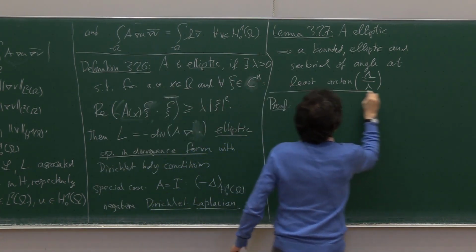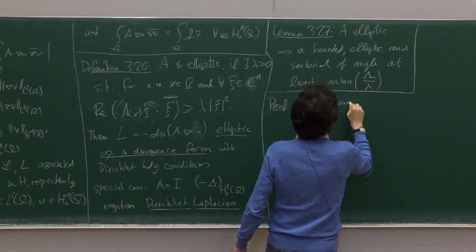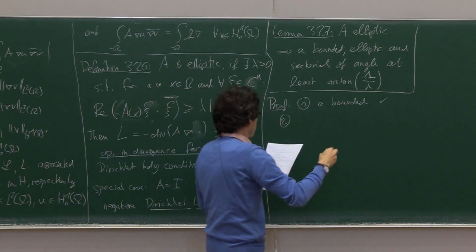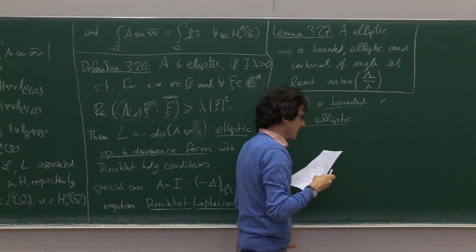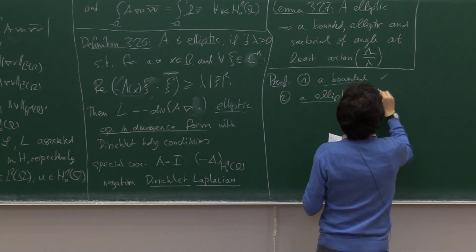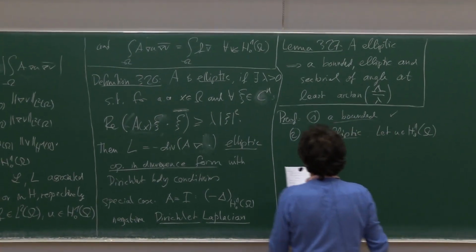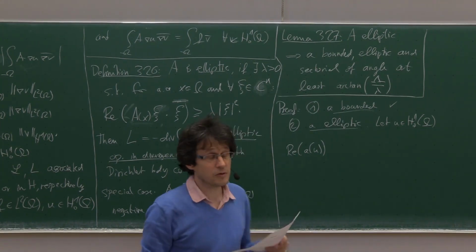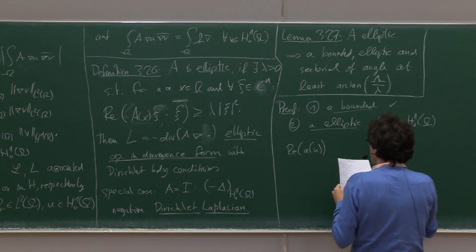So some proof that it is bounded we already saw. This is something somewhere over there on the blackboard. Second thing, it's elliptic. So again, what does elliptic mean? Elliptic means that whenever you take a function in the form domain, so in our case in H10 of omega, it must be possible to estimate the real part of the quadratic form from below.